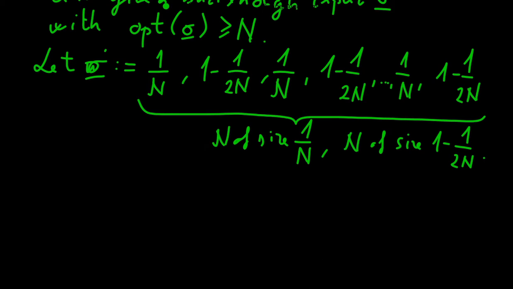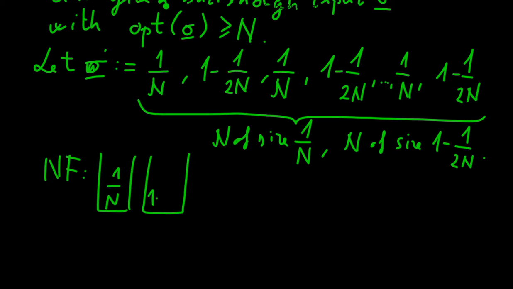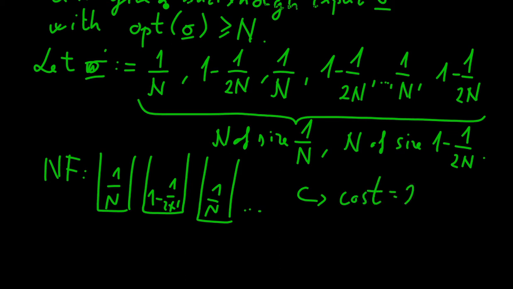Next fit will place 1 over n into one bin, and since the second one doesn't fit, that bin will be closed, and it's just 1 minus 1 over 2n, but the next won't fit, and the next won't fit, so next fit's cost is 2n.